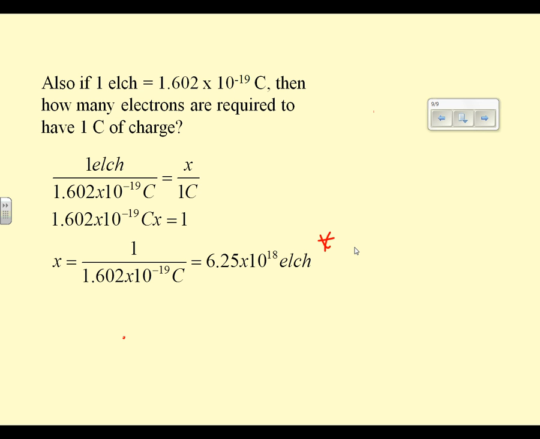That's the inverse of the Millikan number. 6.25 times 10 to the 18 elementary charges. 625 with 16 zeros is how many elementary charges you need for 1 coulomb of charge.